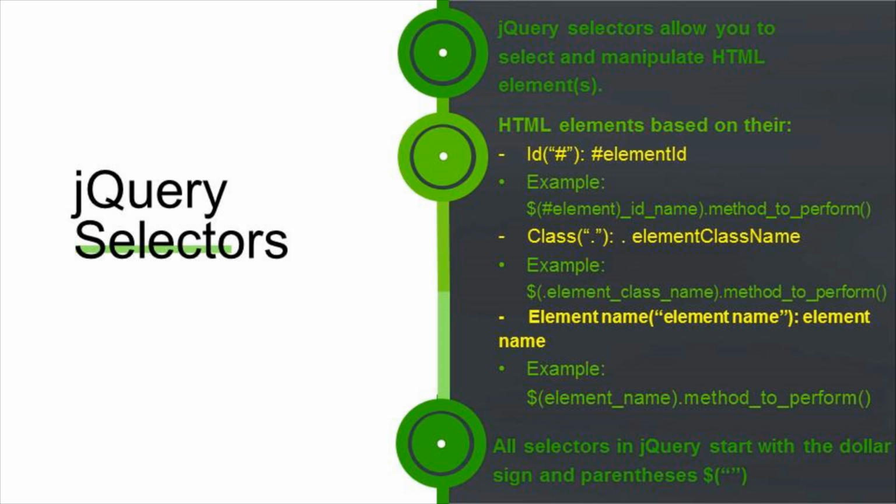So again, we'll just go over it. To select an element by ID, you put the hash key, or if you want to select an HTML element by class name, you use the dot selector, or if you want to reference all of the tags with the same element name, you just pass in the element name.